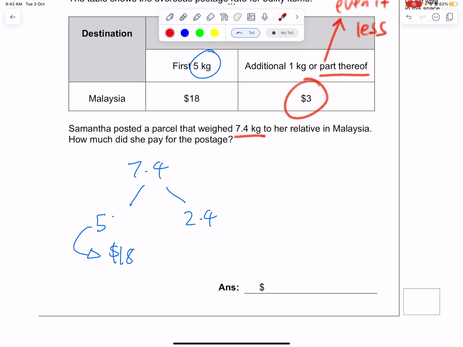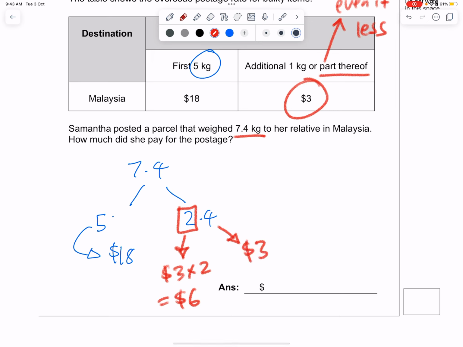So I know that this 2 over here is going to be 3 times 2, which equals $6. This 0.4 over here has not reached 1 kg, but they are still going to charge me $3.